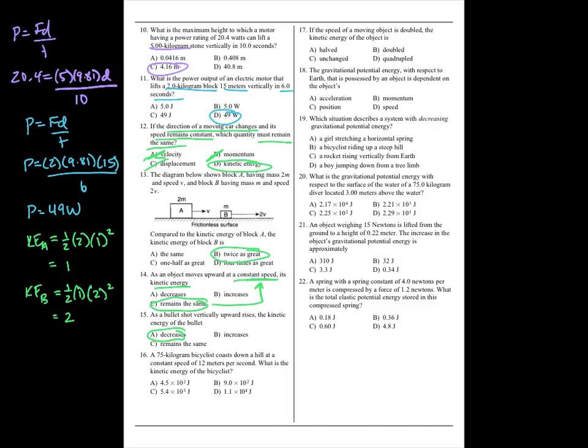How is it different from 14? The key word there is constant speed, so kinetic energy stays the same. 15, on the other hand, has no such outside thing to keep it going constantly, so it just decreases. 14 has that additional keyword of constant speed, which tells you that kinetic energy remains the same. 15 doesn't.